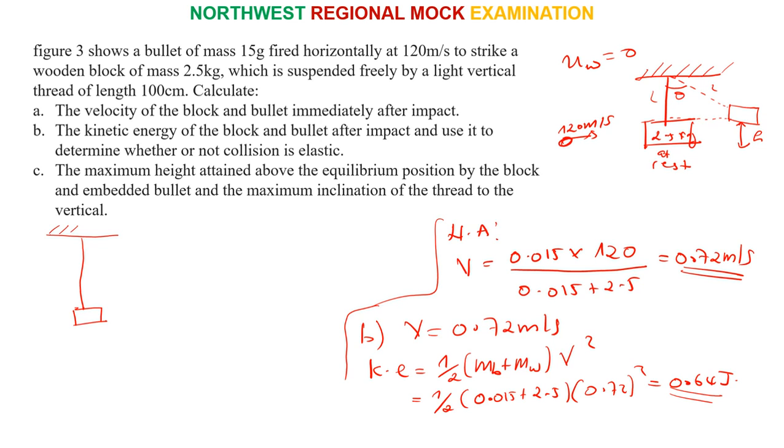Initially, when the block came in contact with the bullet, we had a certain inclination like this, and the block is somewhere here. Something happens to the block and the new position of the block is there. So this is the initial position of the block and this is the final position.